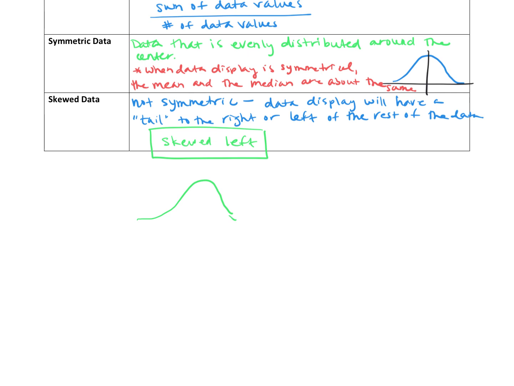So it could look something like that. So we can see here's most of the data. We got this tail off to the left. Here's kind of where most of the data is. This happens if you have possible outliers on the low end.